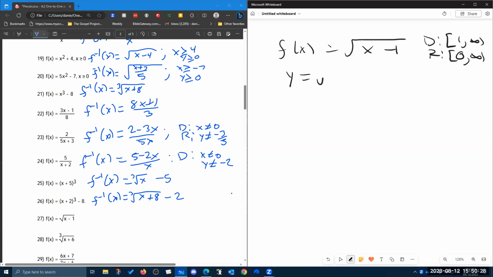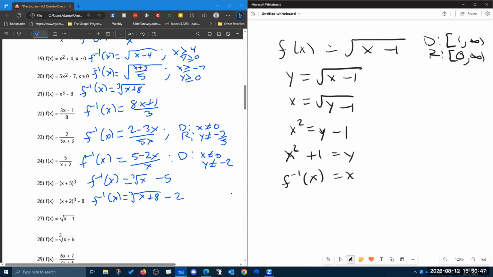We'll replace this with y. We're going to switch x and y. And we're going to square both sides to get rid of the square root. X squared plus 1 is equal to y. My inverse function is x squared plus 1, but the domain has to be 0 to infinity.